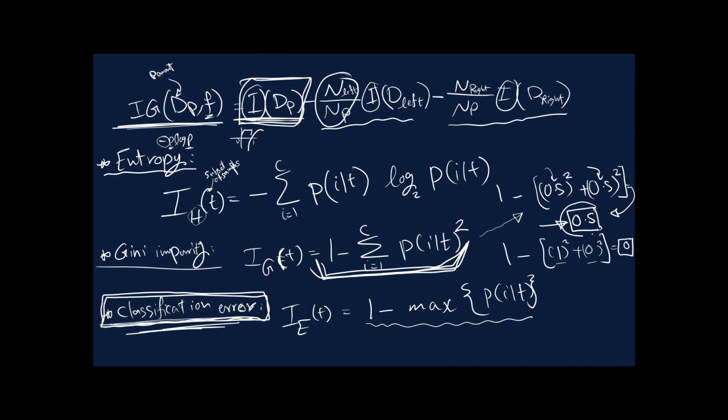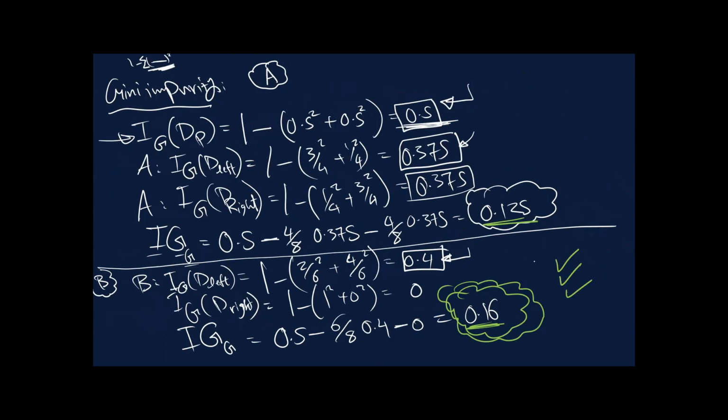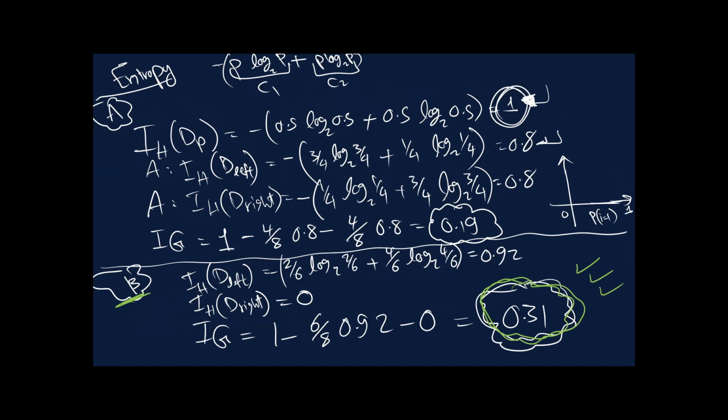So this would mean that Gini impurity would have its highest value of impurity at 0.5. Okay, so if we look at different values, we would see that 0.5 is like the ceiling of Gini impurity.